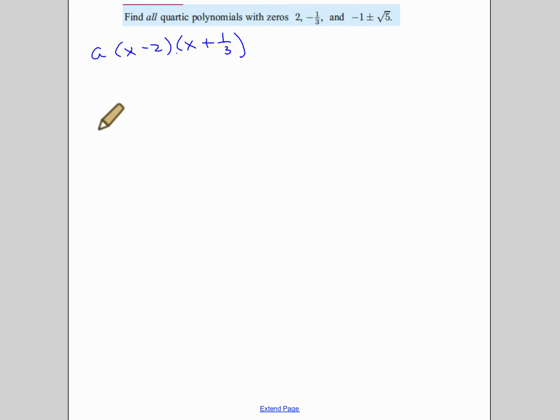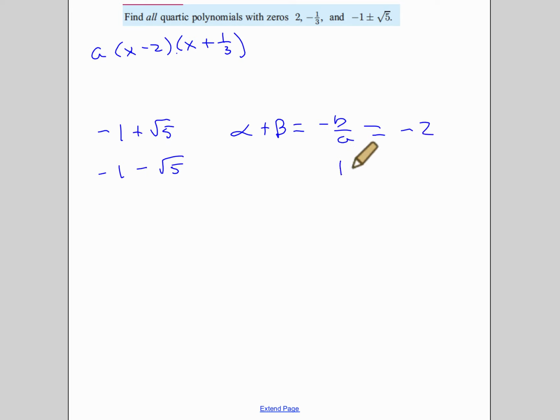Now, if I have -1 plus root 5 and -1 minus root 5, those are two roots of a quadratic. So with that, I can do my alpha plus beta is equal to -b over a. And if we add these two, we end up with -2.